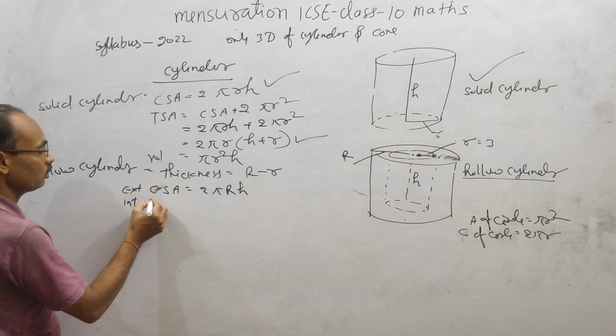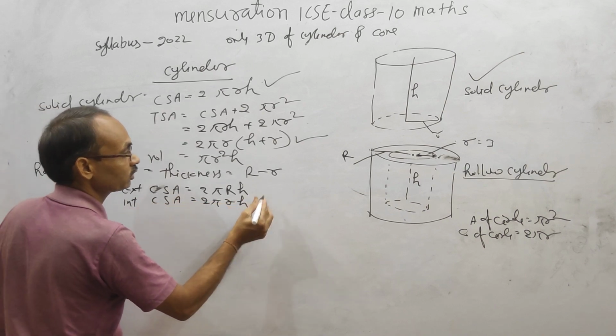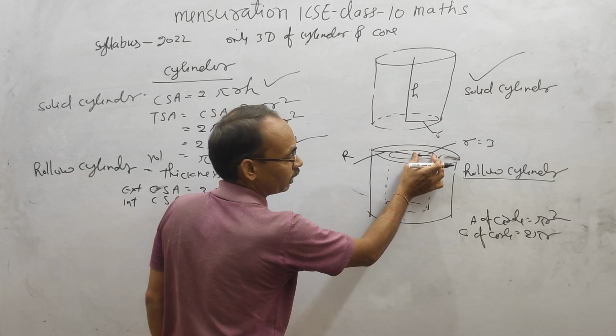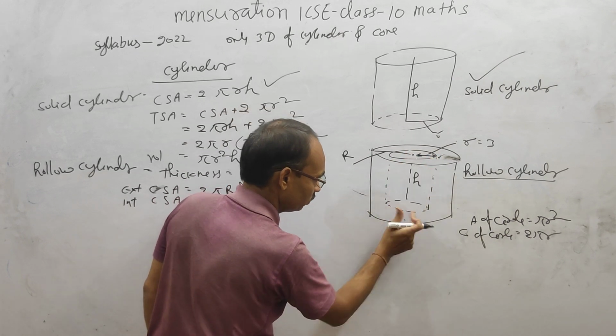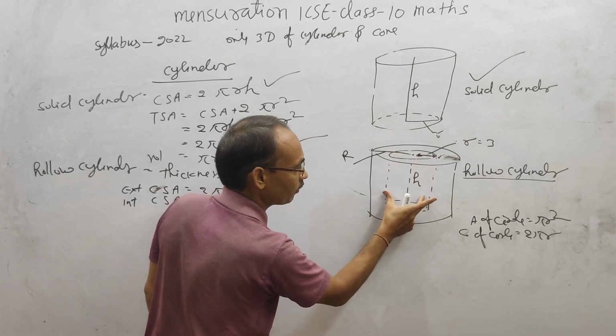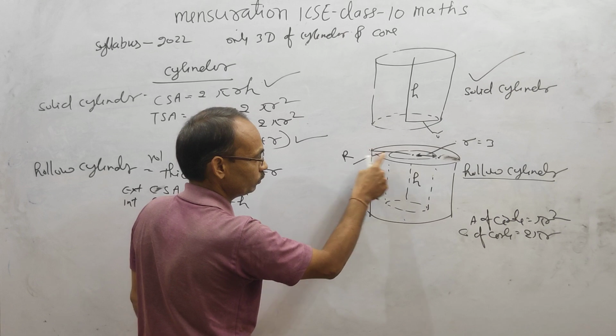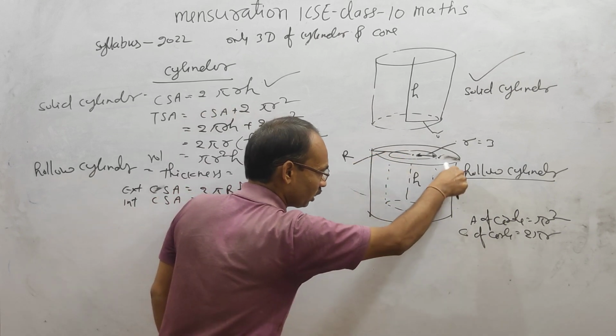And the internal curved surface area is 2 pi small r h, because small r is used for calculating the curved surface area of the internal part, and capital R is used for the external curved surface area.